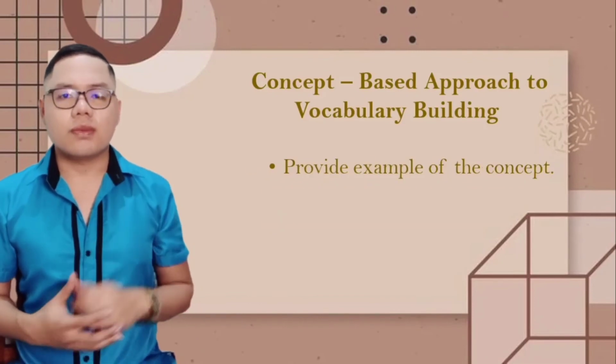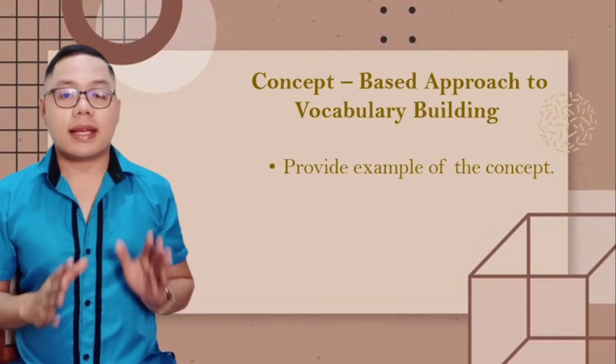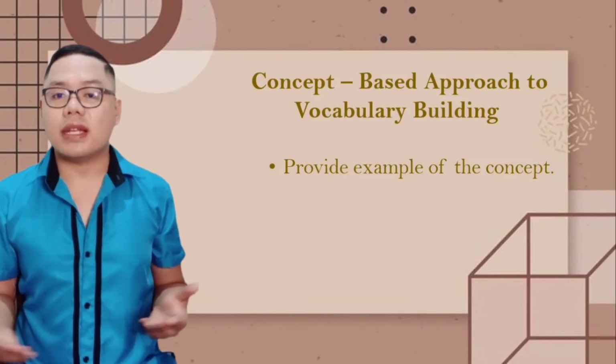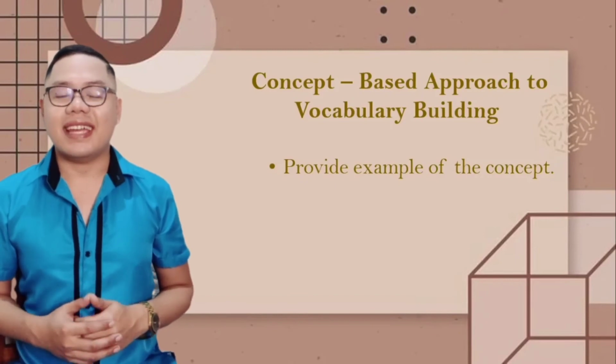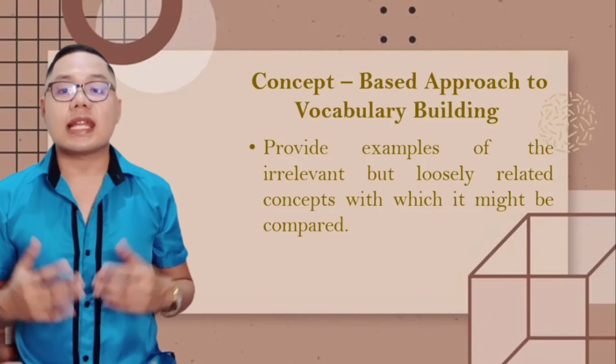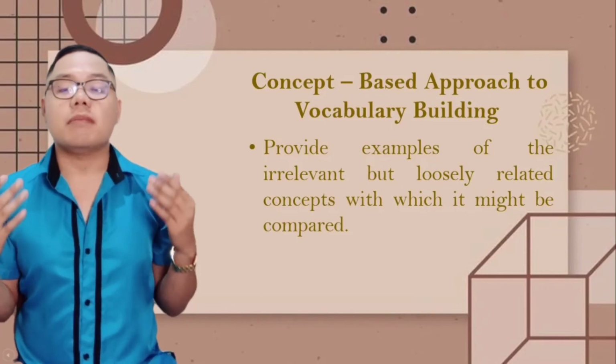So number 2, it provides examples of the concept. So for example, a classroom globe, pointing out that it is more rounded than the actual Earth, right? So number 3, it provides examples of irrelevant but loosely related concepts with which it might be compared.